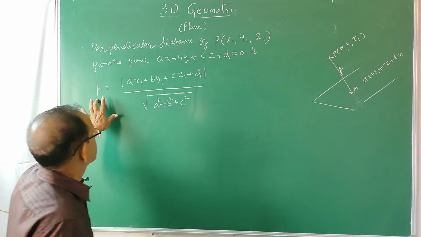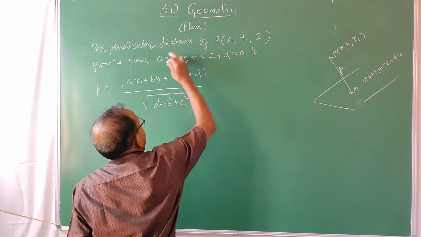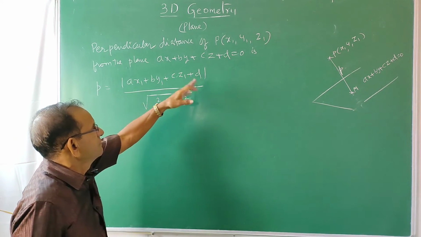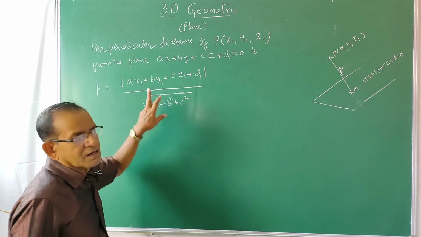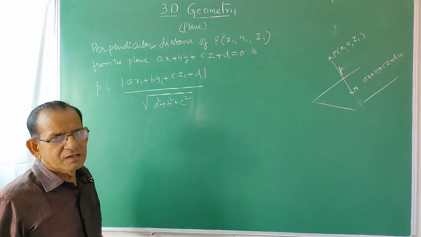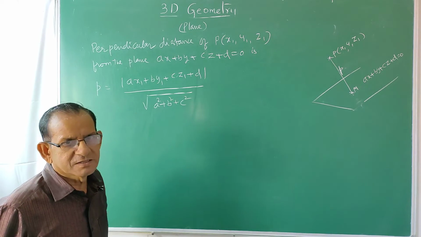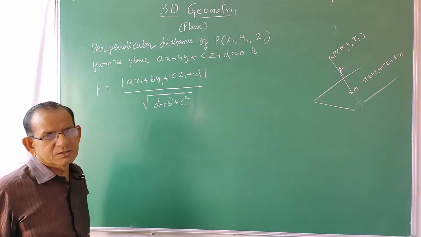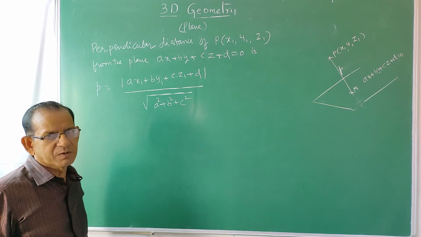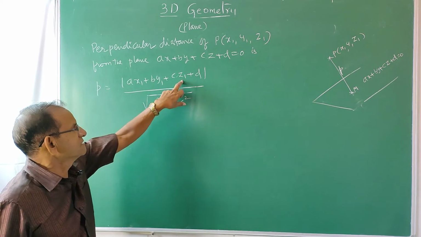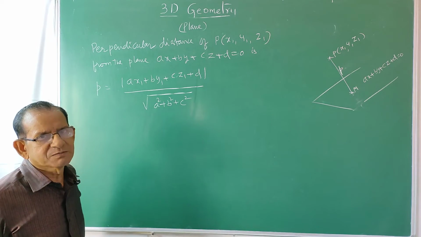That is equal to, you have to substitute this point x1, y1, z1 for x, y, z in the given equation without taking it equal to 0, and under the square root of a square plus b square plus c square in the denominator. That is the perpendicular distance. Now, suppose that x1, y1, z1 is 0, 0, 0, that is the perpendicular distance from the origin, so this is 0, this is 0, this is 0. You will get d by root of a square plus b square plus c square.